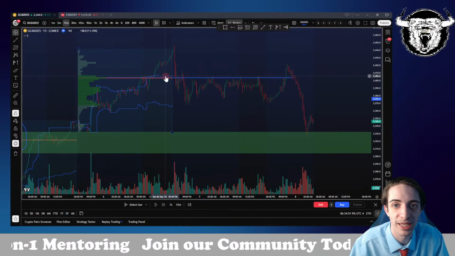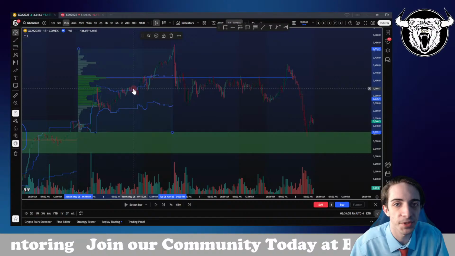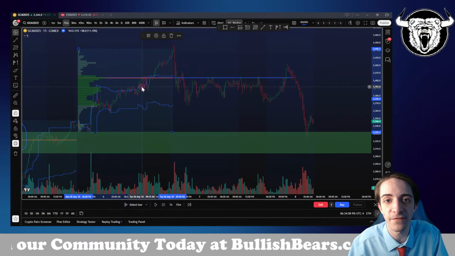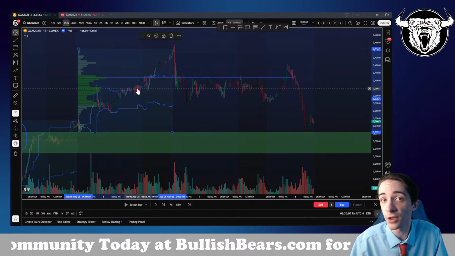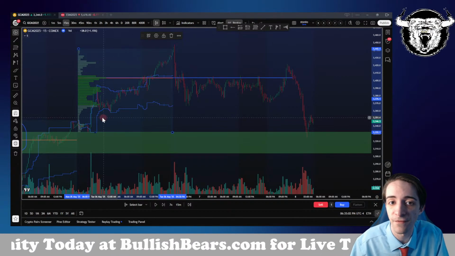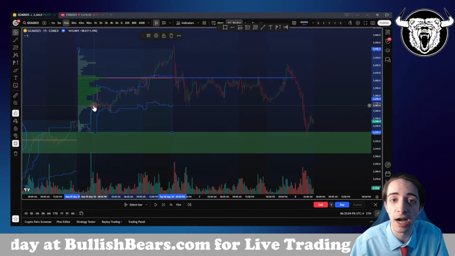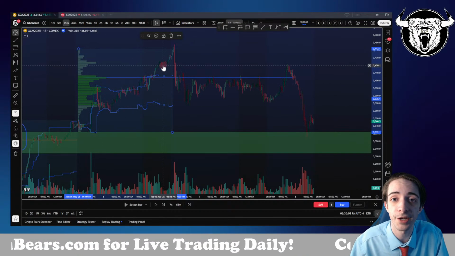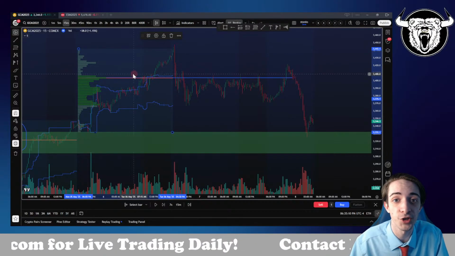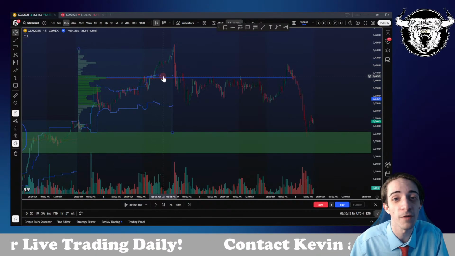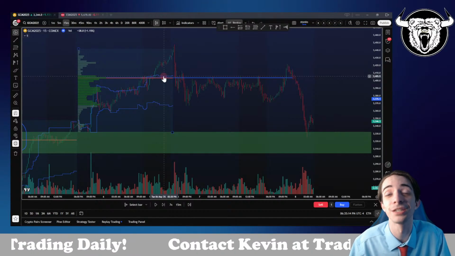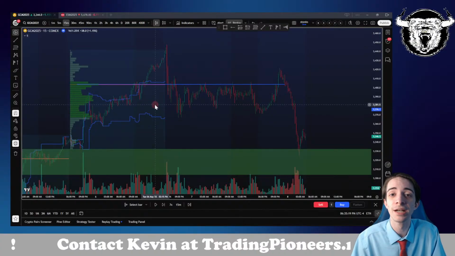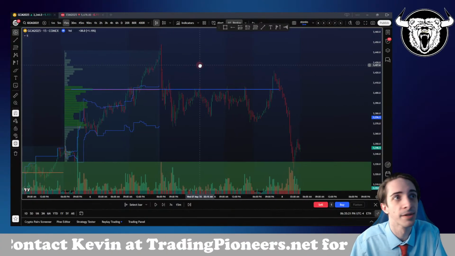Our range was within these blue levels. You guys see these blue levels that are forming? This is our developing volume average. Now, the developing volume average shows us where 70% of the volume was traded. So when we're moving higher and volume moves higher, this will move higher with it. If we're moving higher, as we see up here, and volume doesn't increase, well, then our volume average isn't going anywhere. And that's another great way to use the volume profile to our advantage to spot those fake outs.